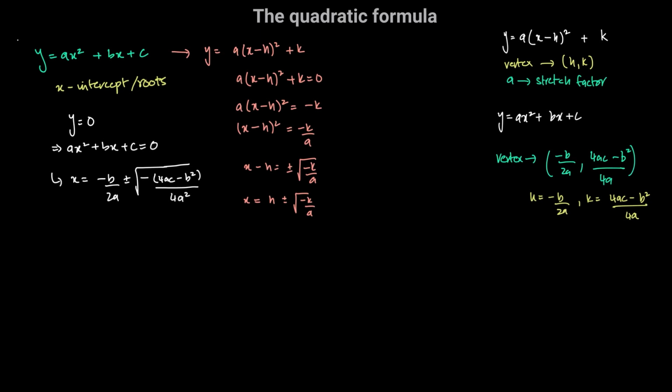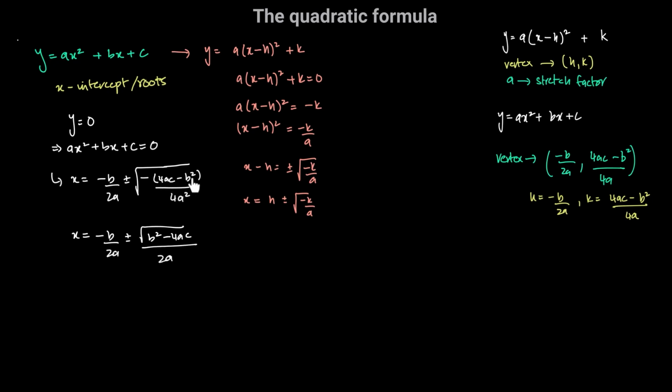And if we simplify this expression underneath the square root sign, what we get is x is equal to minus b divided by 2a plus or minus the square root of b squared minus 4ac divided by 2a.